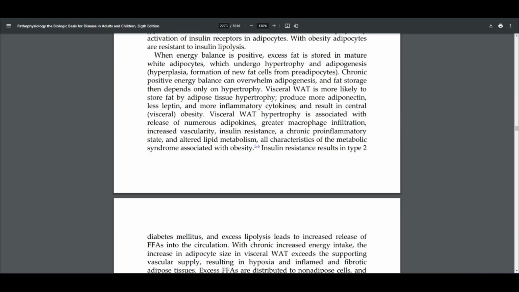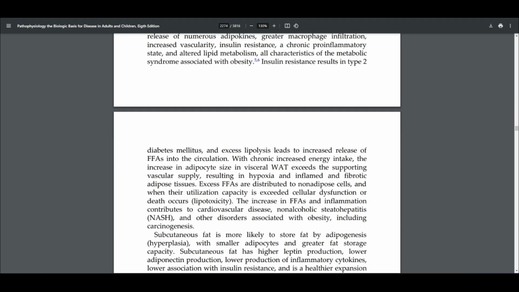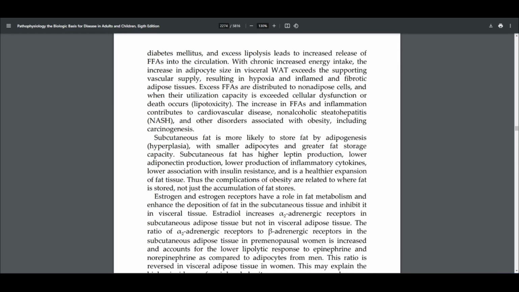Insulin resistance results in type 2 diabetes mellitus, and excess lipolysis leads to increased release of FFAs into the circulation. With chronic increased energy intake, the increase in adipocyte size and visceral VAT exceeds the supporting vascular supply, resulting in hypoxia and inflamed and fibrotic adipose tissue.